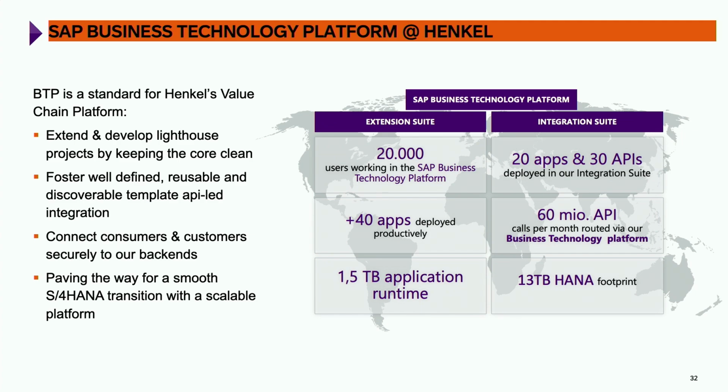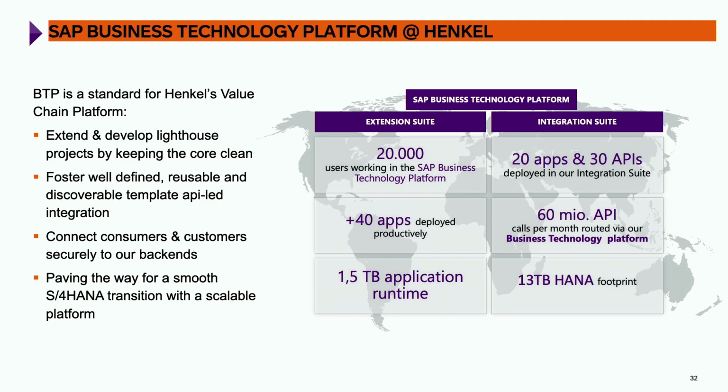Now we have 40 plus applications developed in production, and around 20,000 users across 14 applications are using the Business Technology Platform on a daily basis, which is then also consuming 1.5 terabytes of application runtime. I'm just talking about Kyma and Cloud Foundry.